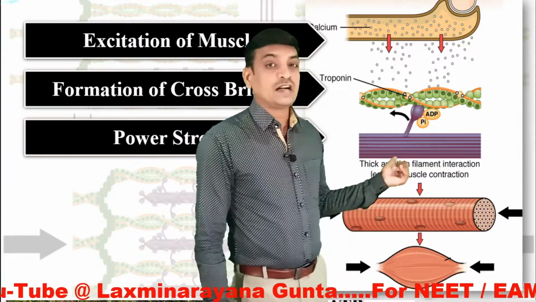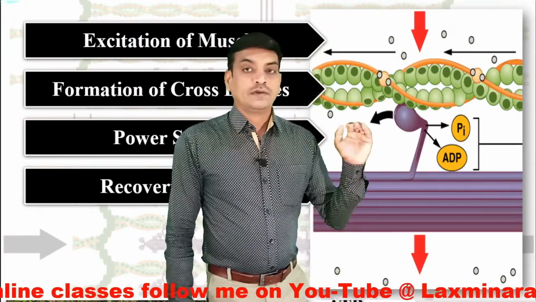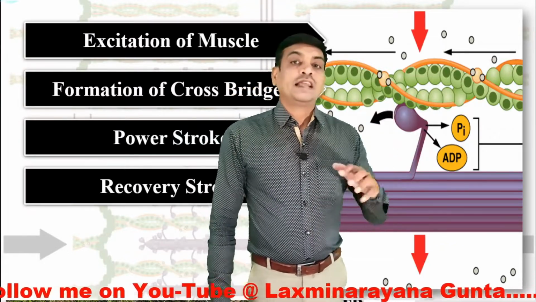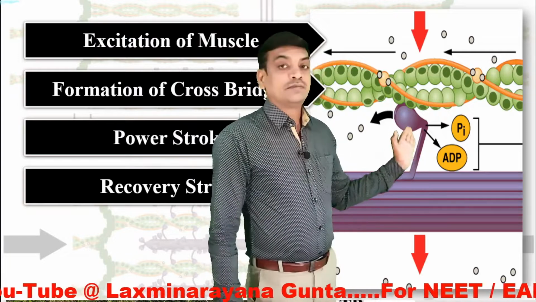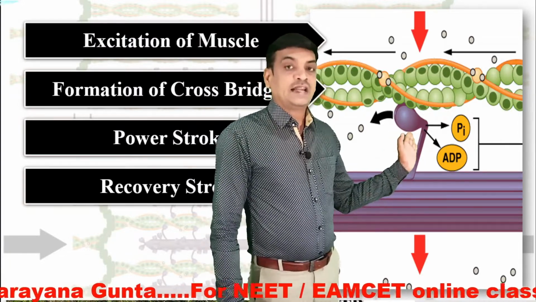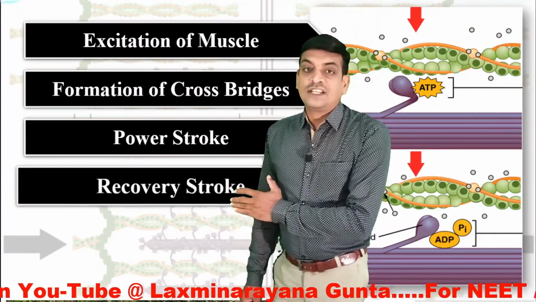This is called as power stroke. After the energy is consumed, the myosin head comes to its original position, and again fresh ATP comes and binds at the ATP binding site, and again the process repeats, which is called as the recovery stroke.